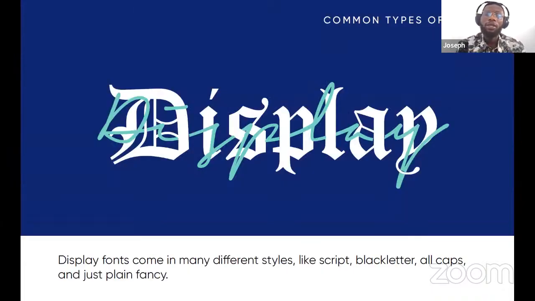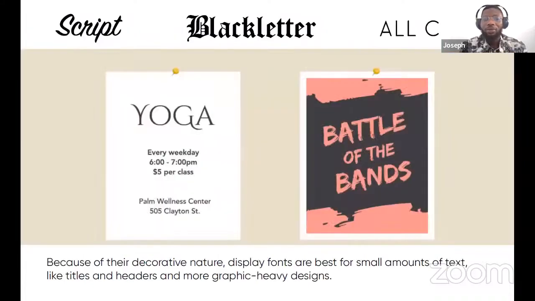Then we came to display. Display, as you can already see, is made up of quite a lot. It has scripts, it has black letter, it has fancy, it has all caps, and a lot. It could be all graphic and very, very heavy.